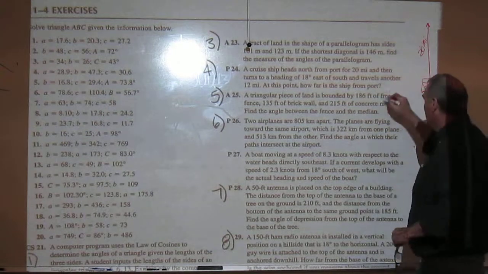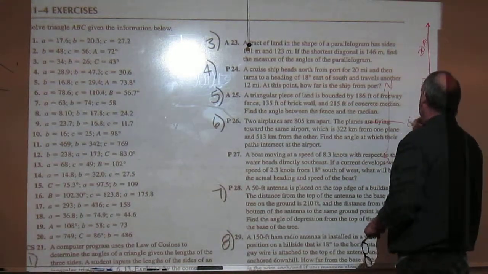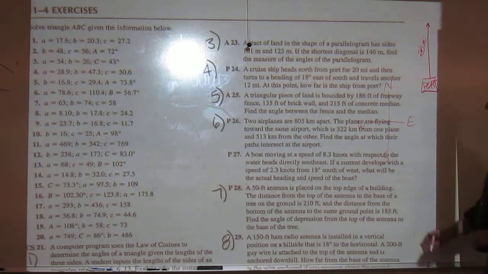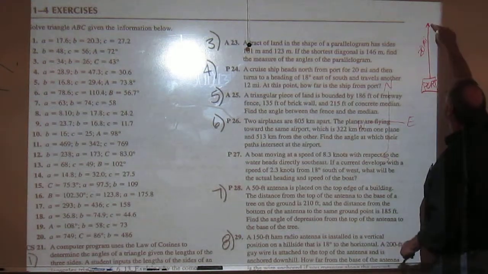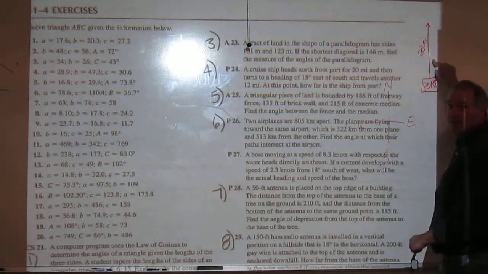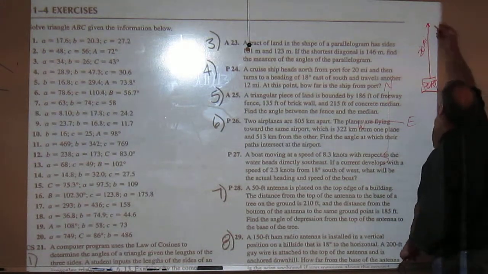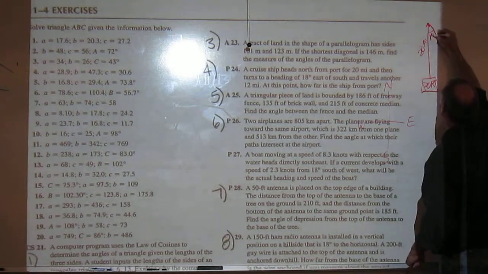Well, on a map, this is always north, this is south, this is east, this is west, right? So the ship is going to turn 18 degrees east of south. Well, south is straight back down, right? But we're going to then turn 18 degrees toward the east. So it's going to go something like this, where this angle is 18.